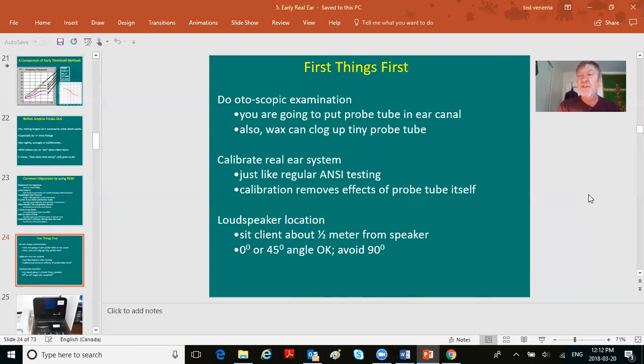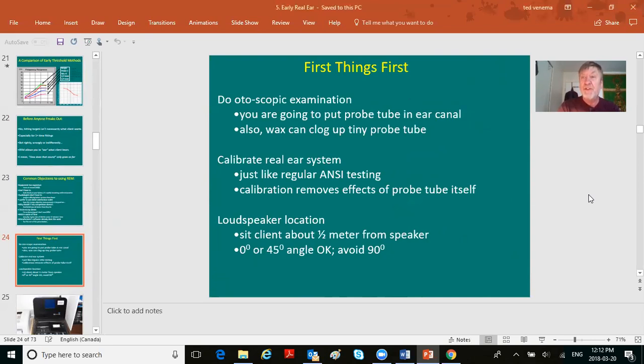You'll want to look into the ear before and after you've put the tube in to make sure things are looking right. And by the way, you can't reuse Real Ear tubes. Never put them back in the cleaner and think you're going to save money by using them a second or third time. Wrong.